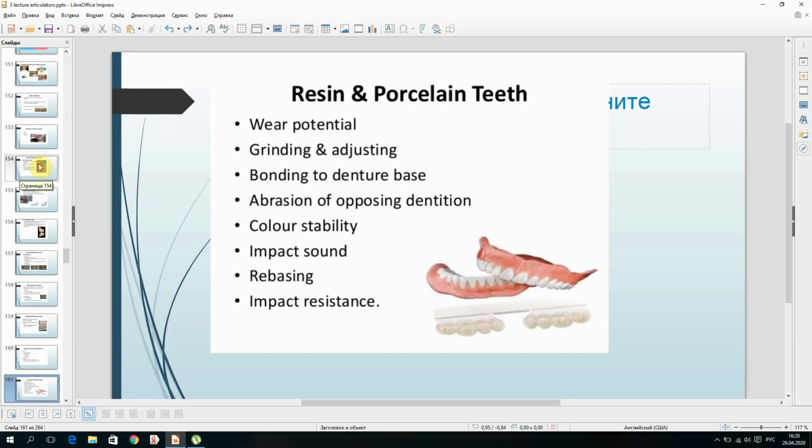Resin and porcelain teeth: where possible, grinding and adjusting, bonding to denture base, opposing dentition, color stability, impact sound, rebasing, impact resistant.